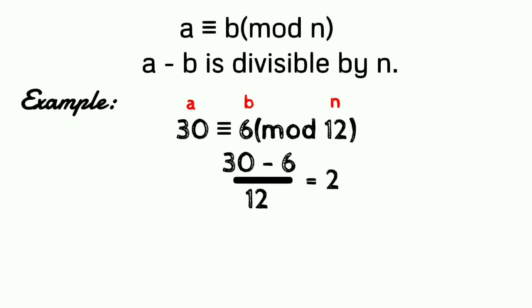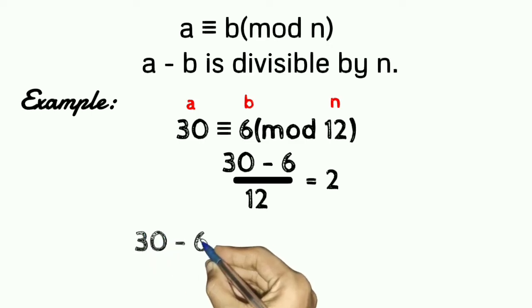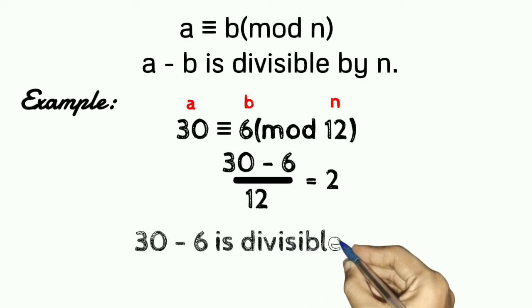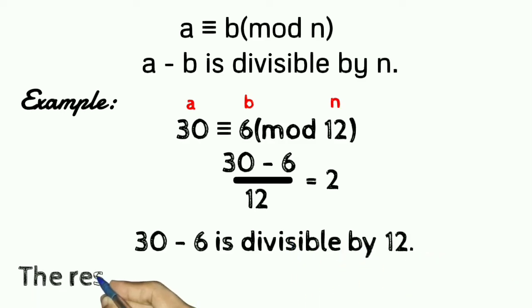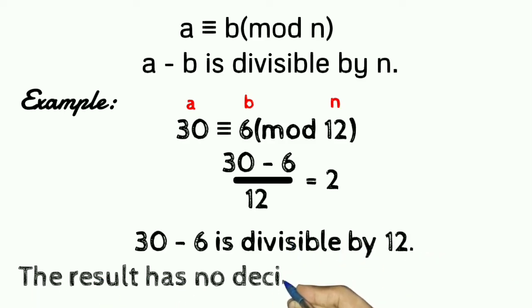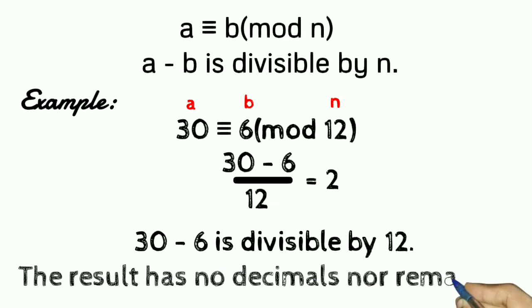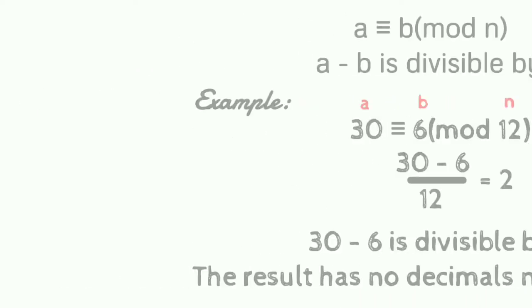Divided by 12, the result is 2. In this example, 30 minus 6 is divisible by 12. The result is 2, which has no decimals nor remainder.